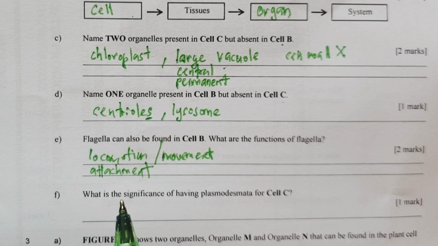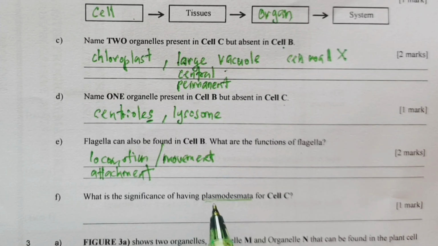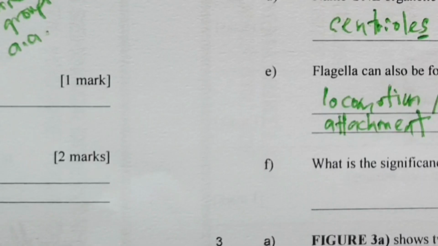Next, what is the significance of having Plasmodesmata for cell C? So satu lagi struktur yang special for plant cell tapi tak considered as an organelle adalah Plasmodesmata. So Plasmodesmata ni basically pore ataupun gap exists inside the cell wall for plant cell.